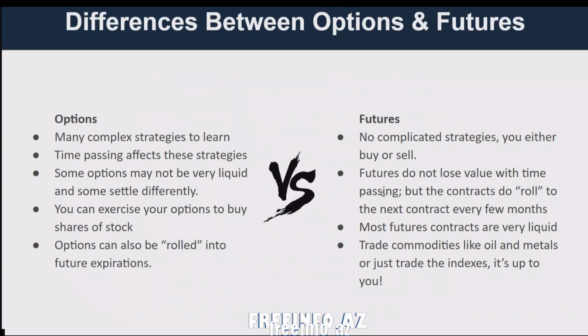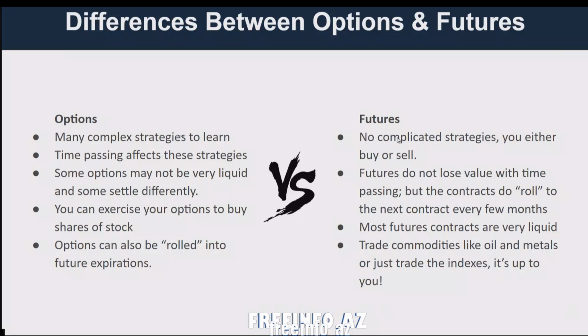And this is a nice little infographic that you'll have, and you can save this if you want to. This basically gives you all the differences between options and futures. And so futures are just very straightforward. Options just have more complexity to them due to the Greeks and due to time passing effects. Okay. Options, you can exercise your options to buy shares of stock.